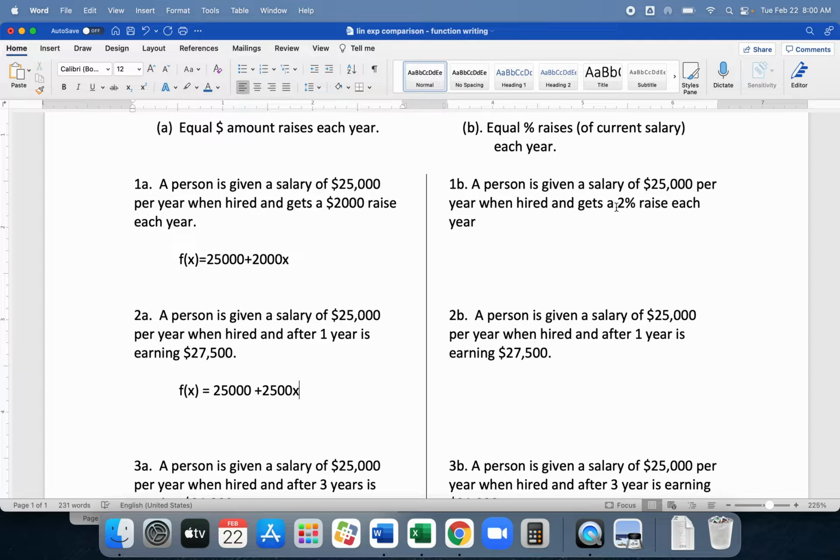Part B tells us how much we change each year. We have to do a little bit of figuring to write the function, as we found. 2B tells us the salary after a year. So we're going to have to compute how much it changes. In this case, it was subtraction to get the yearly raises.